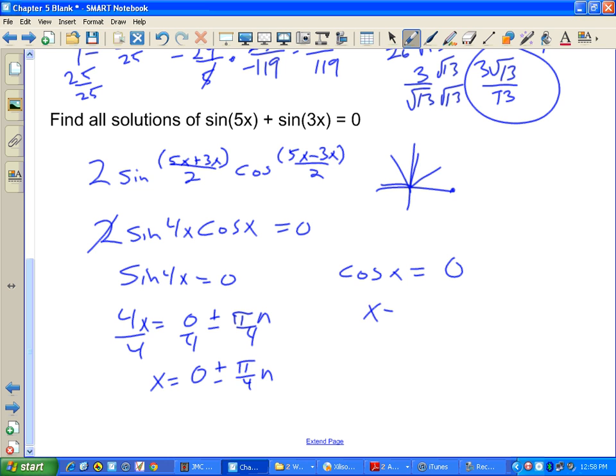I'm going to do the same thing here. x equals cosine inverse of 0.